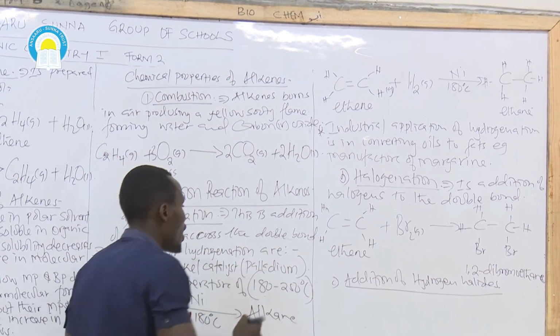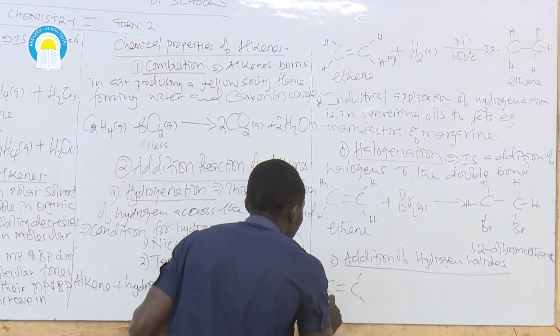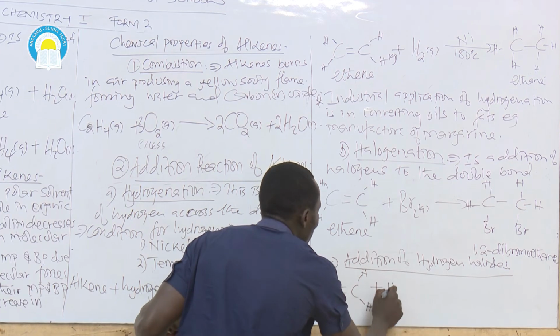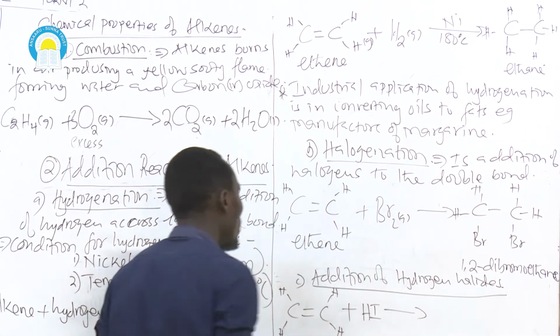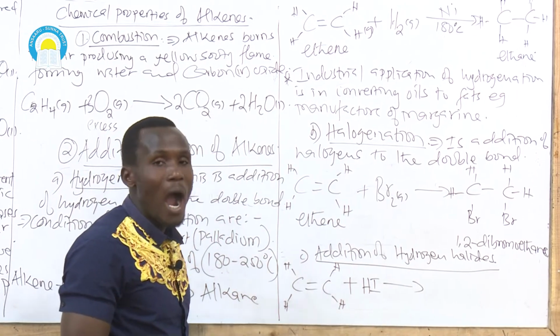For example, if we have ethene, with four hydrogens, plus maybe hydrogen iodide, this one is only going to add one atom of halogen.